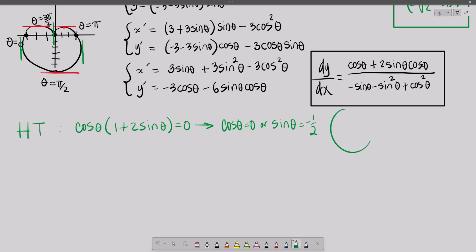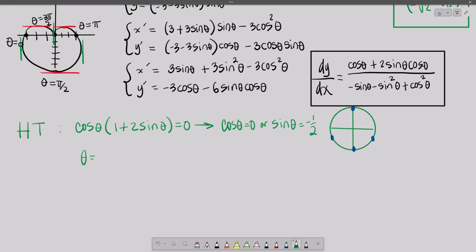So we look at our unit circle and figure out where we are for those particular values. Cosine is 0 here and here. Sine is equal to -1/2 there and there. We look at our graph, there are 3 horizontal tangents, but we have 4 zeros, so we'll have to be crafty here.